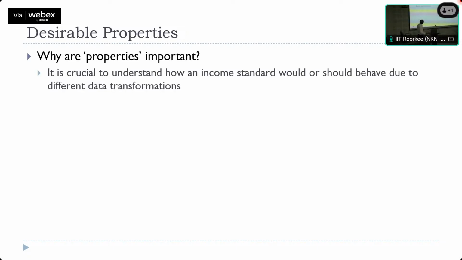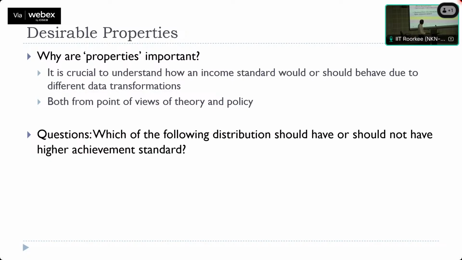Now, what are these properties? It is very crucial to understand how these income standards or achievement standards, however you call them, vary because of different data transformations. I'll show you how important they could be for policies as well as from a theoretical point of view.